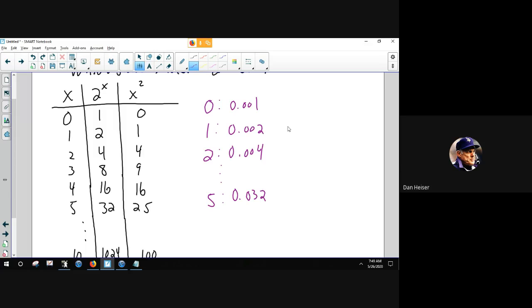If it was possible to fold it 50 times, the thickness of that paper would be approximately 17 million miles. Let's let that sink in for a little bit. 50 folds, 17 million mile thickness.